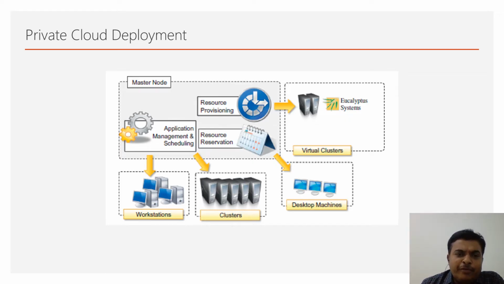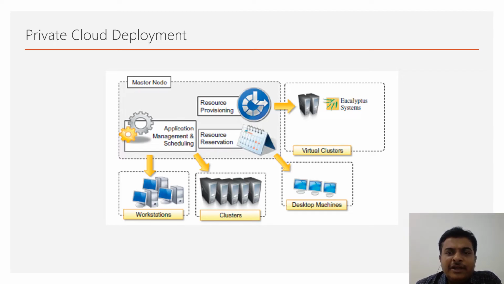On the master node, we have several services such as application management and scheduling, which is a primary important role, and then resource provisioning, so resources supplying to the application, and then resource reservation, what size of resources needed at what point of time.